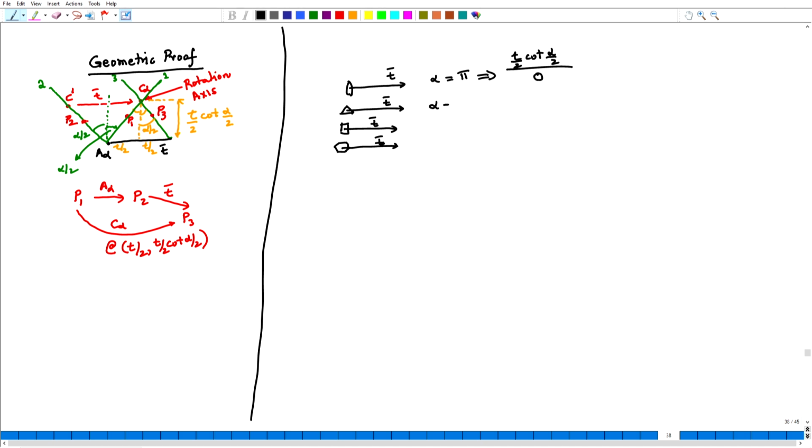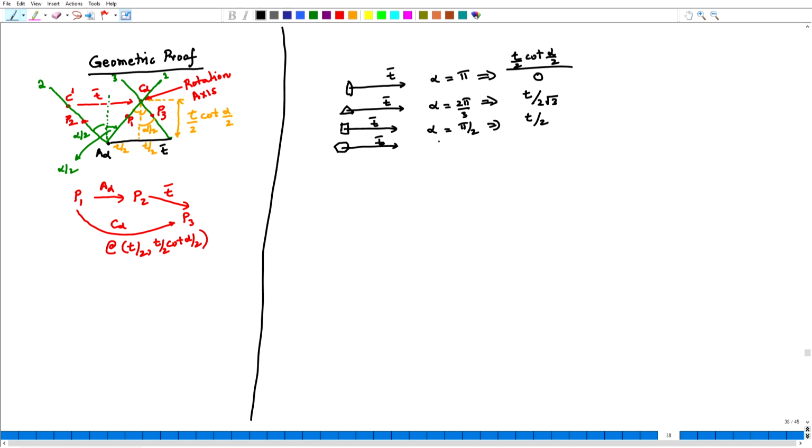3-fold, alpha is equal to 2 pi by 3. What we will get would be T divided by 2 root 3. Alpha in 4-fold is pi by 2. So, I am looking at cot of 45 degrees, and that is simply T by 2, since cot of 45 degrees is 1.